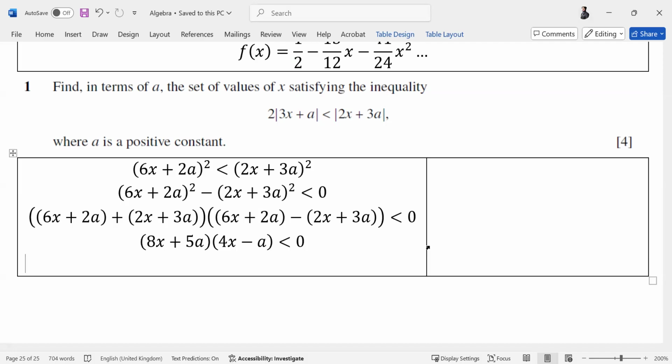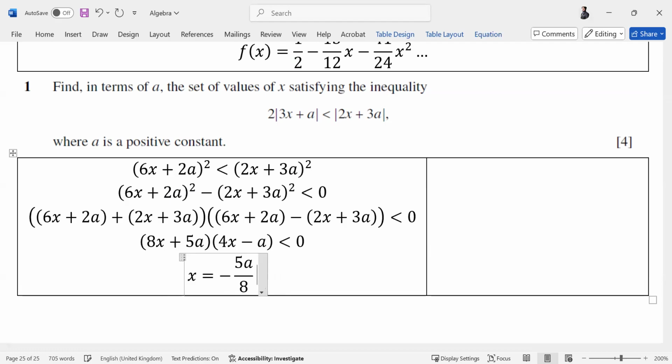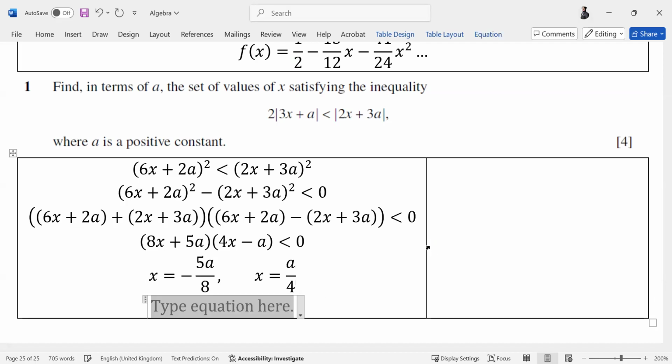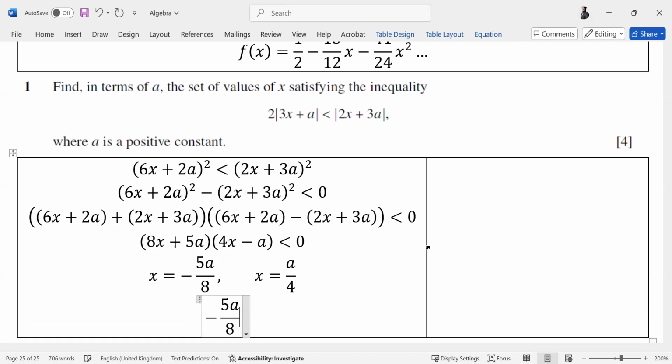Now it's a happy face. The two critical values of x are... Is this what we are getting?